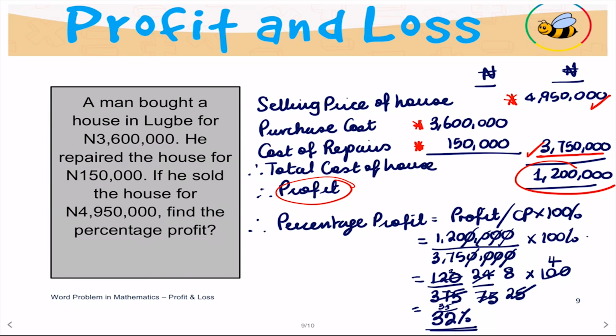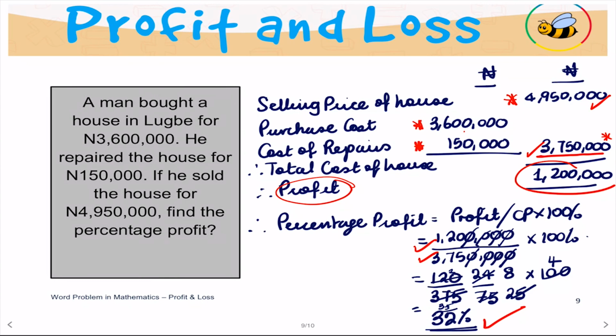And then given this profit of 1.2 million, we can apply the simple formula of profit divided by cost price. Now remember, the cost price you are going to use is not 3.6 million, rather it is 3.75 million, and times 100, we do all the calculations and we arrive at 32% profit.